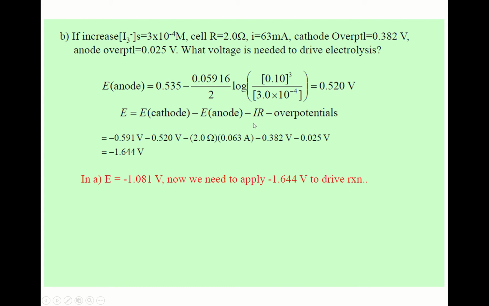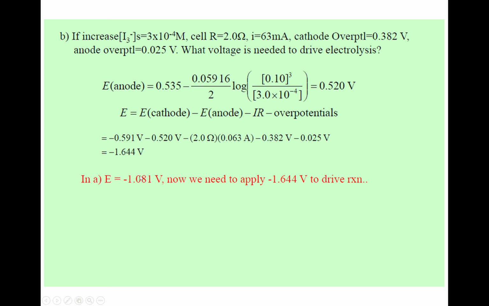And then here the IR drop, this is called the ohmic polarization effect, and the current is given here, and R is given also here, and of the overpotential effects, there are two overpotentials, at the cathode and at the anode. You have to subtract both of these values.